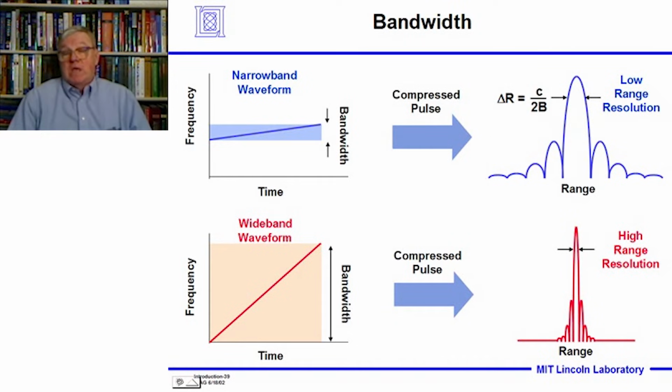If you're building a radar whose central frequency is 10 gigahertz at X band, you can get bandwidth of 10%, say, a gigahertz. That's a factor of 10 better range resolution, because you can get more bandwidth at the higher frequencies.